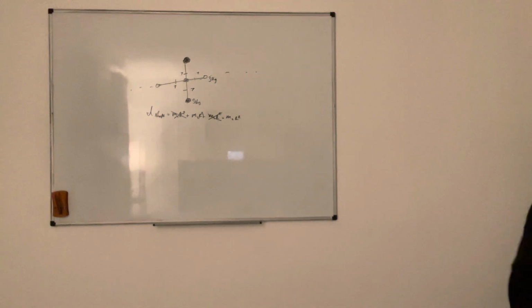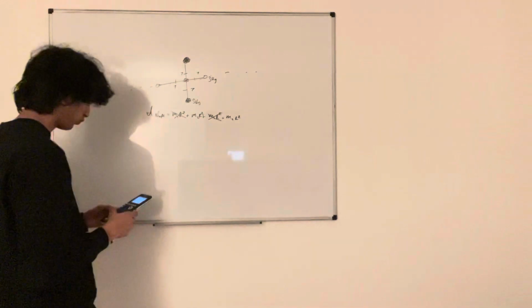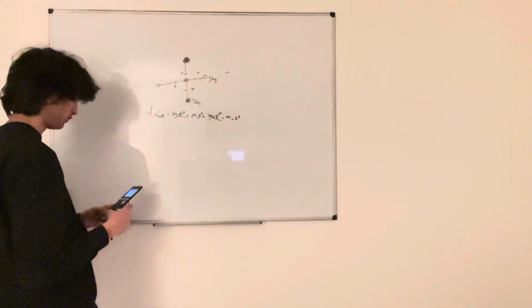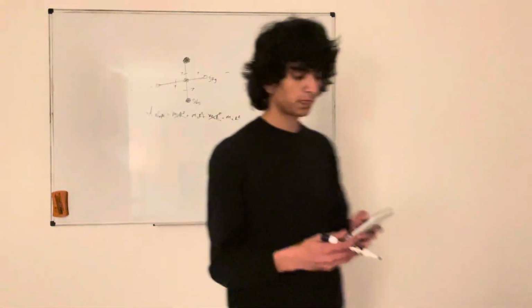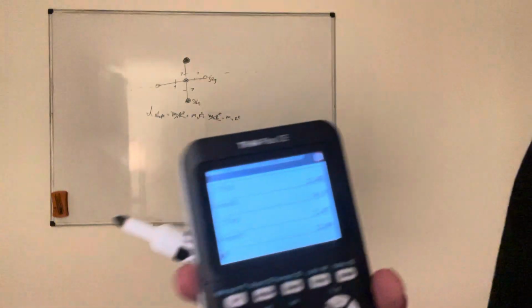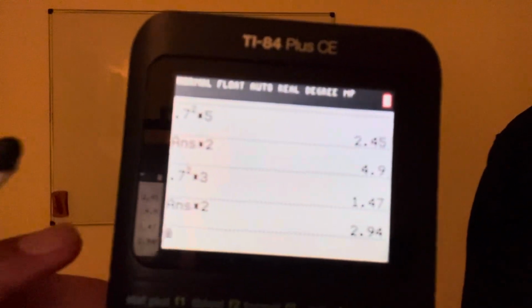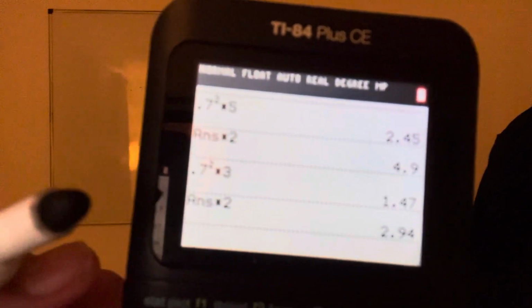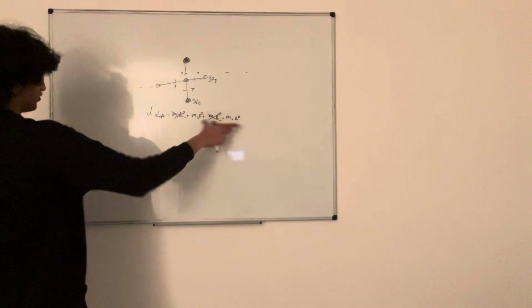Oh, no, you shouldn't, because it should be 0.7 squared times 3. Yeah, you should get 2.94. What I did is I took the distance, squared it, and then multiplied it by 2 because there are two of them.